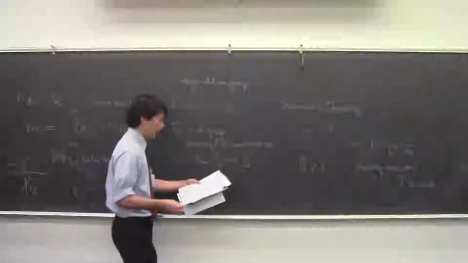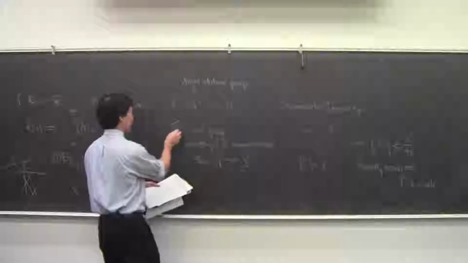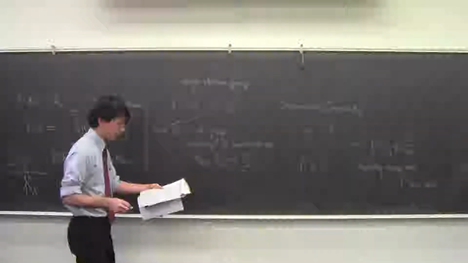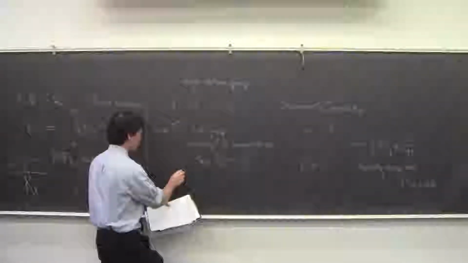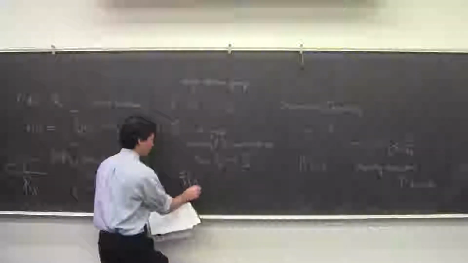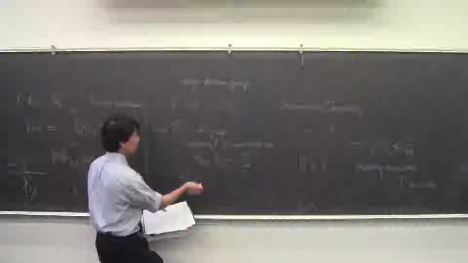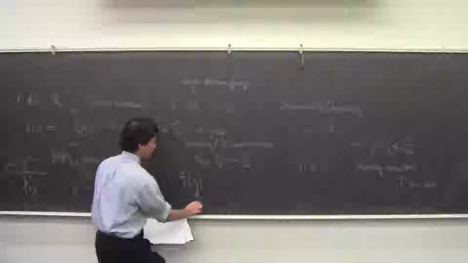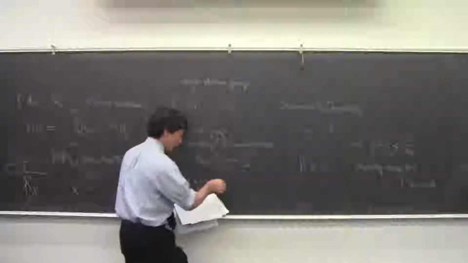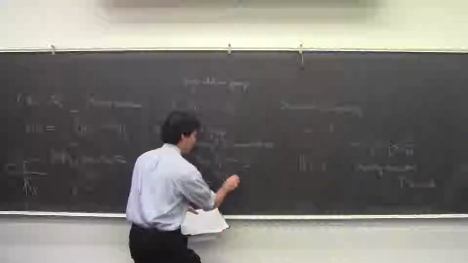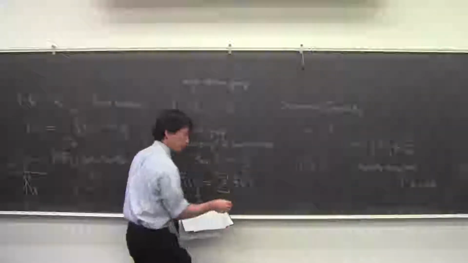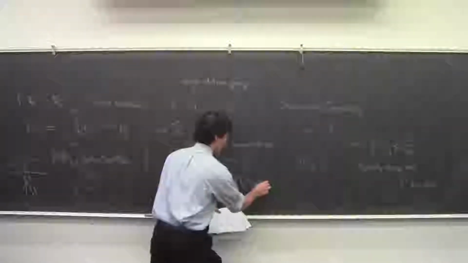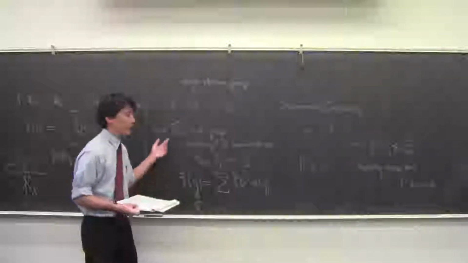Okay, and so these guys we denote by little e's, and the question is to express your function, which is on the group, as a sum of coefficients times these elements of the dual group.